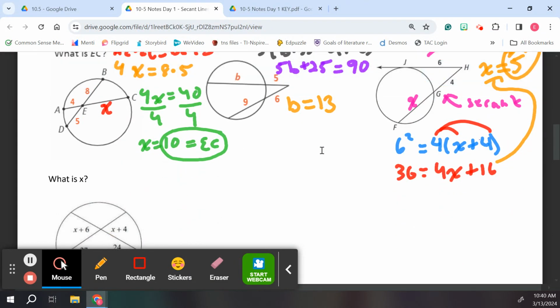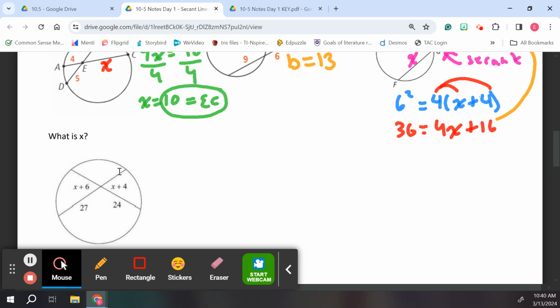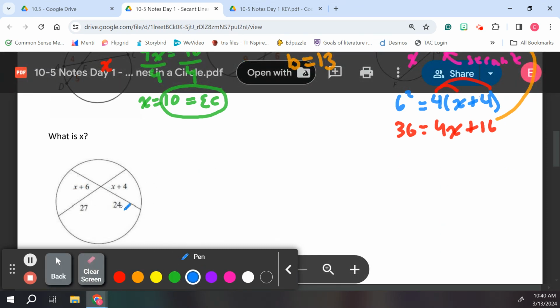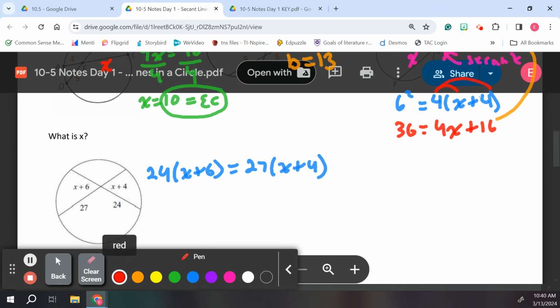All right. Let's take a look at this next one. Now, this one is a chord, so we're still going to apply the same rule. But we have something a little different going on here because we have these expressions. So this is going to be 24 times x plus 6 equals 27 times x plus 4. I'm going to distribute.